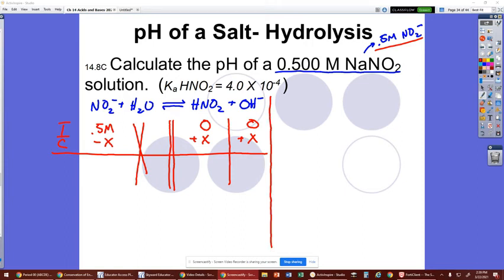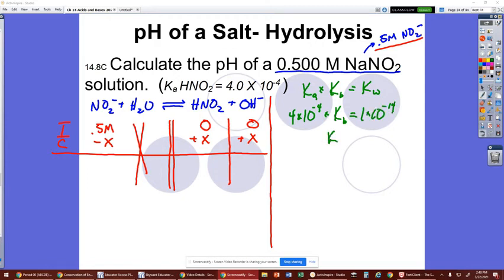But we just learned very recently that if we have a conjugate acid-base pair, the product of their two equilibrium constants is equal to Kw. So in this case, I know Ka for nitrous acid is 4 times 10 to the negative fourth. That times Kb will be equal to 1 times 10 to the negative 14th.